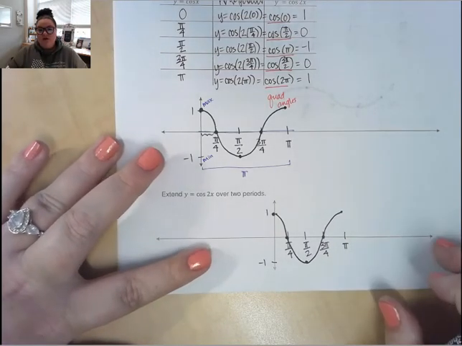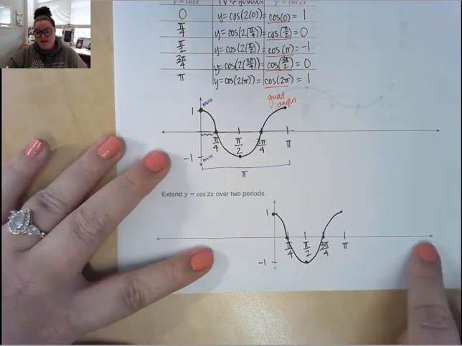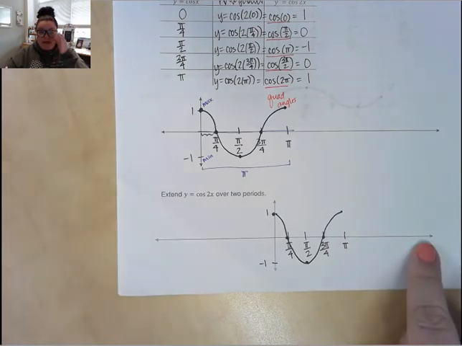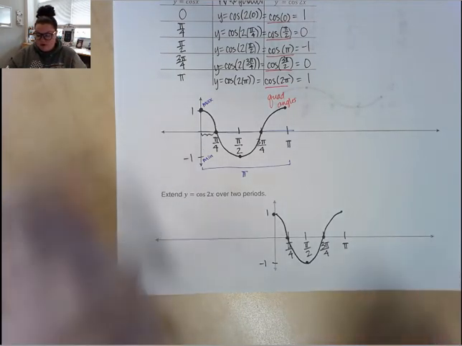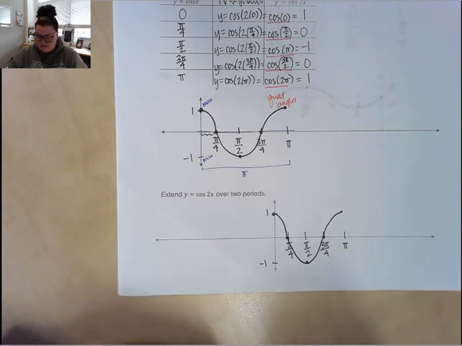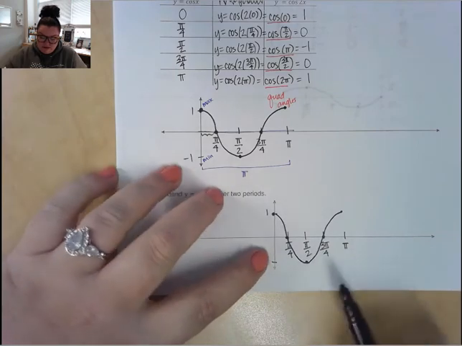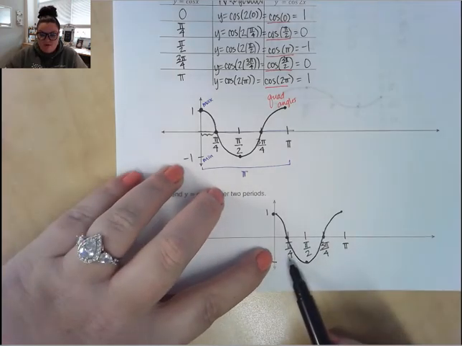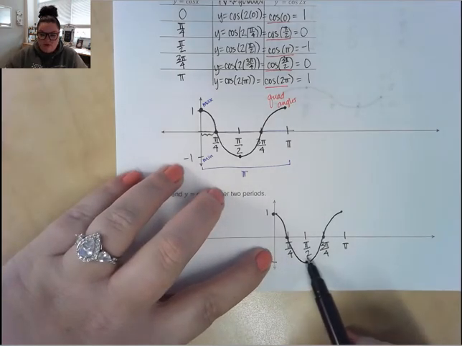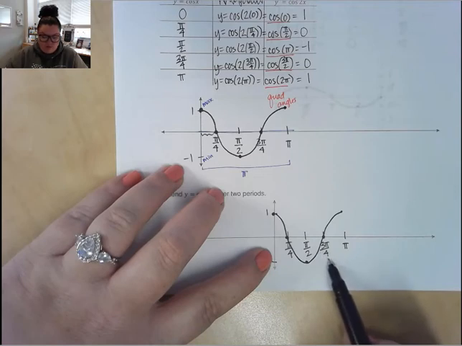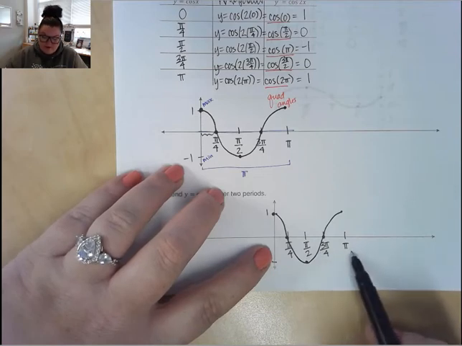All right, so we could keep extending out to the right by continuing to count by pi's over 4. So I'm going to go ahead and do that. I'm going to use a different color. So this is 1 pi over 4, 2 pi over 4, 3 pi over 4, 4 pi over 4.